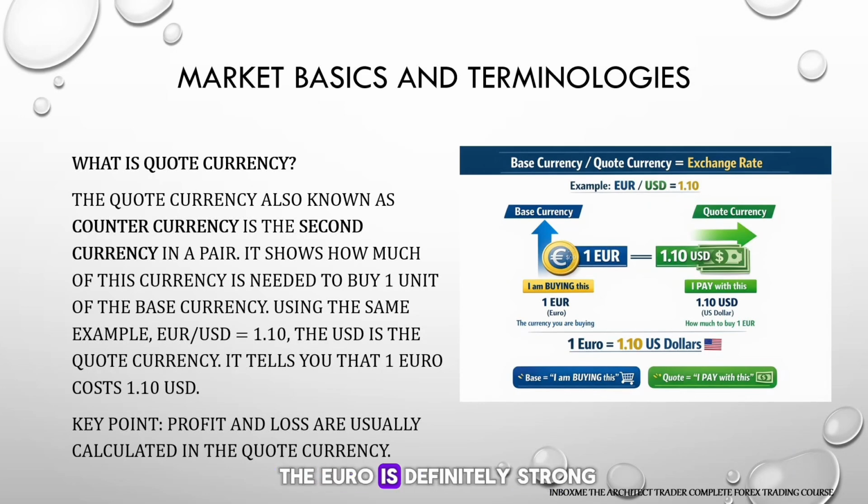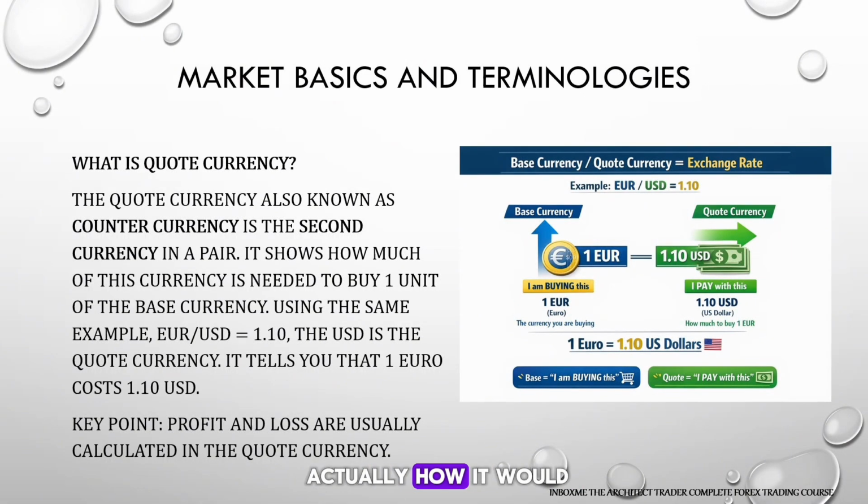So if euro now happens to be the quote currency and USD now happens to be the base currency, definitely we'll be spending less euro to get just 1 unit of the US dollar. That's how you calculate your profit and loss in the quote currency. So that's how you know if you're spending more or spending less, right?